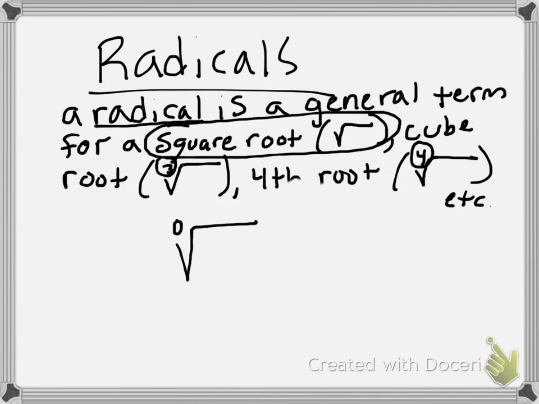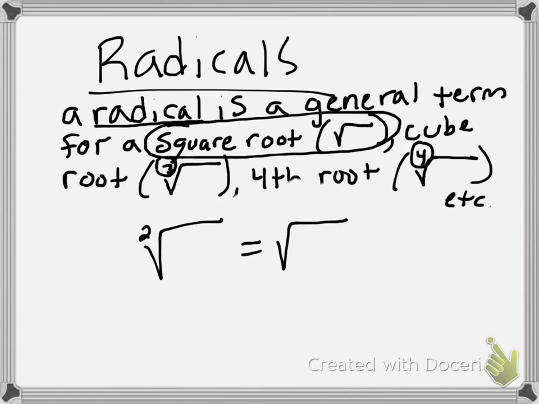It's assumed to be a 2, because the most common radical you deal with is a square root. So if you don't see a number there, which is called your index, that just means that it's a square root. If you want to, you can put that little 2 there, but you don't have to. It's the same thing. It's just always assumed to be a 2 because that's the most common one that's ever used.